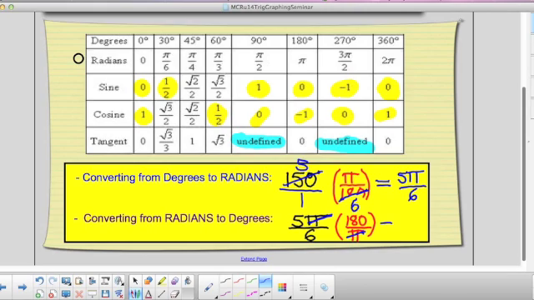So you essentially have 5 times 180 divided by 6, which gives me 150 degrees. So the formula from degrees to radians is to multiply by pi over 180, and from radians to degrees it is 180 divided by pi. That's the formula you use.